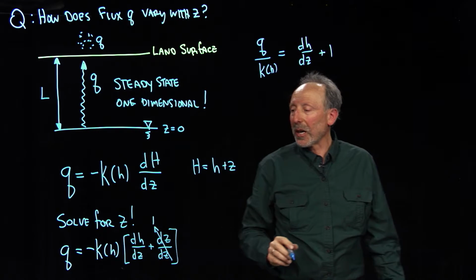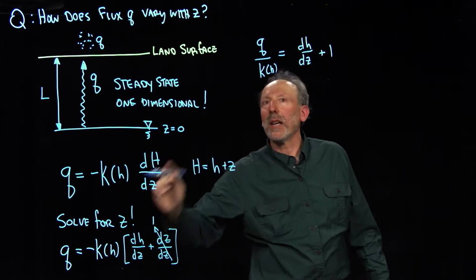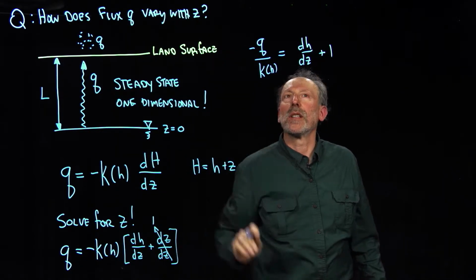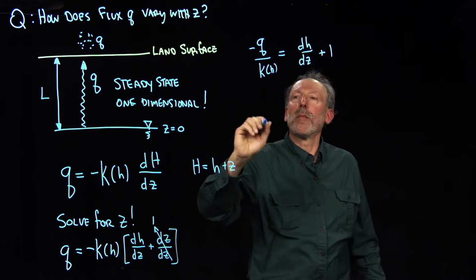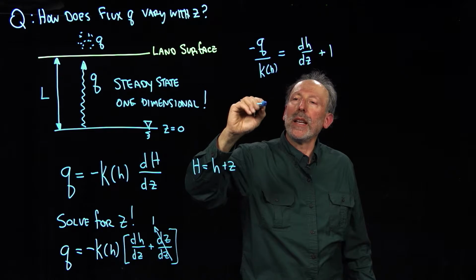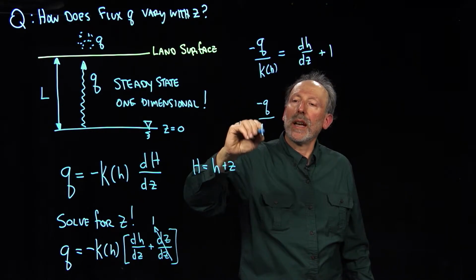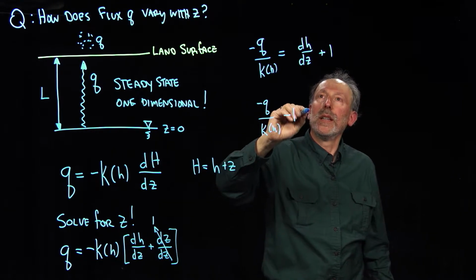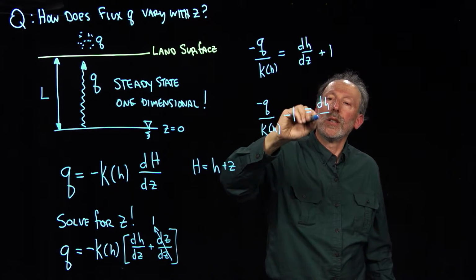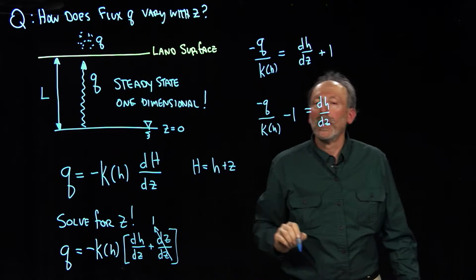Okay, now we have to be careful about our minus sign. We had a minus sign there, so we'll still have a minus sign. And now we can simply take 1 from both sides. So we get minus Q over K of H minus 1 equals dH/dz.